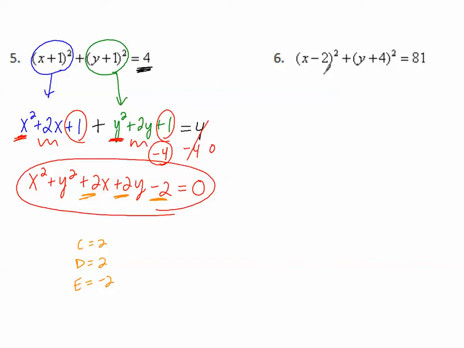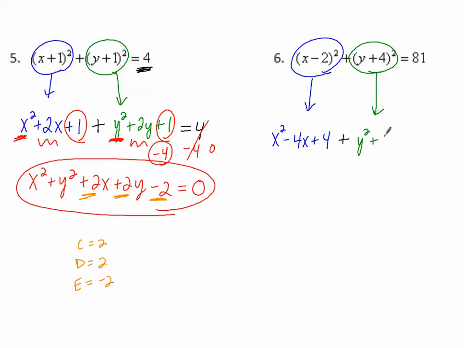Let's continue. Expand this binomial. Don't forget the plus sign in the middle. Expand this binomial. And don't forget the rest of the equation. Now we rearrange.